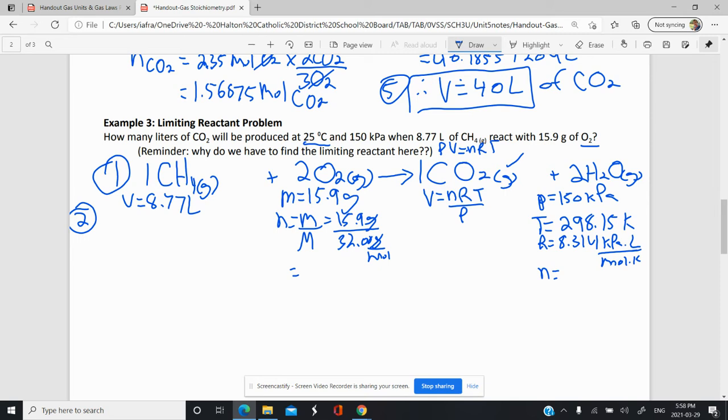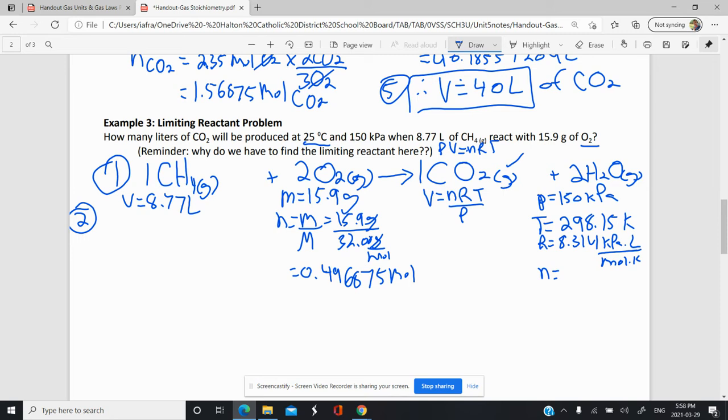And that's going to give us 15.9 divided by 32. We get 0.496875 moles.